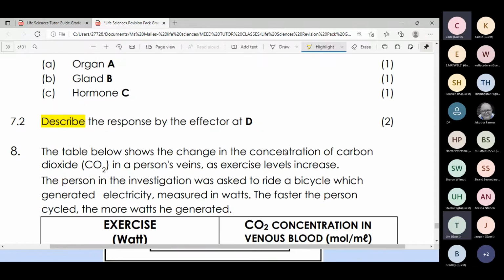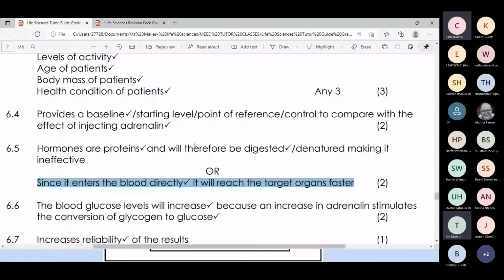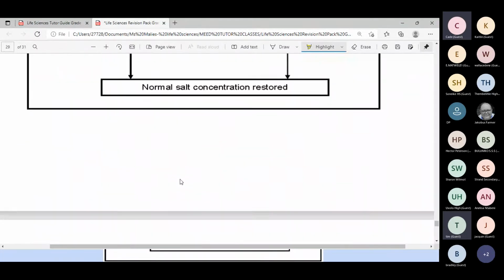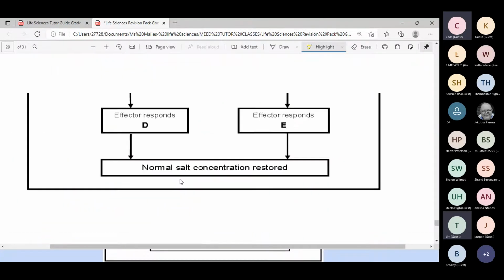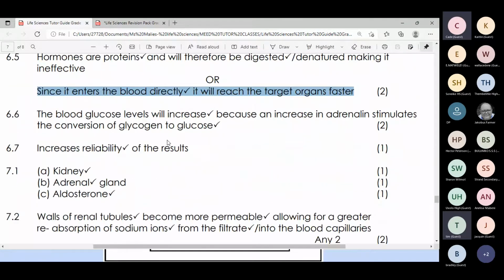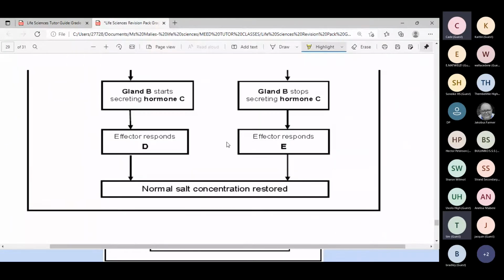Okay, let me do this question with you, just for time's sake. Question 7.1, give the name of the following: organ A, gland B, and hormone C. Organ A, the target organ, is the kidney.